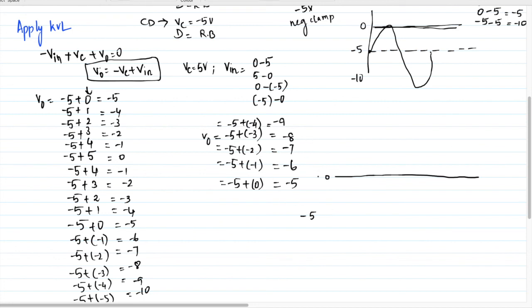So minus 5, minus 4, minus 3, minus 2, minus 1, 0, again minus 1, minus 2, minus 3, minus 4, minus 5, up to minus 10, then again minus 9, minus 8, minus 7, minus 6 and minus 5. So this is the new DC voltage which is at -5, this is at 0, this is at -10.